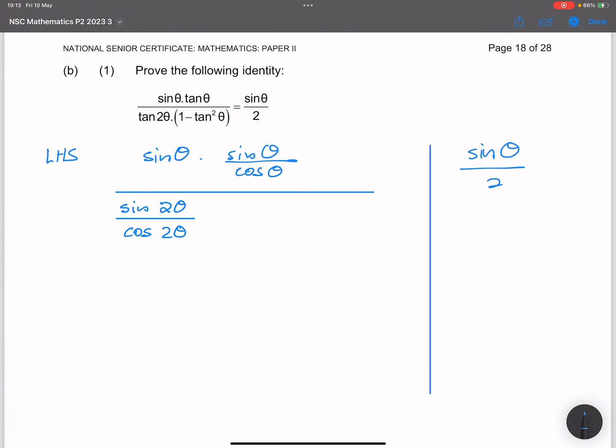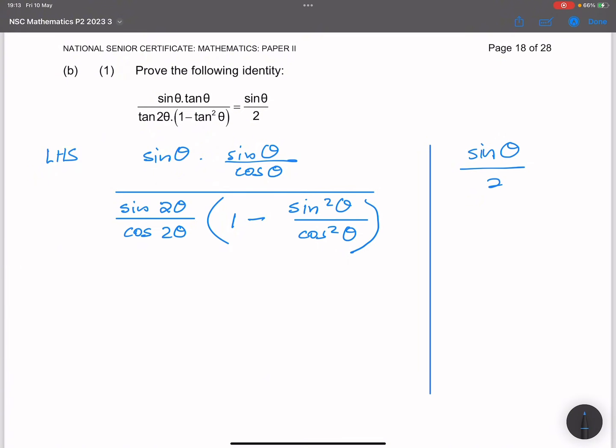And this is multiplied by 1 minus, again the same thing, tan squared, which becomes sine squared of theta over cos squared of theta. Now let's try and work through that.